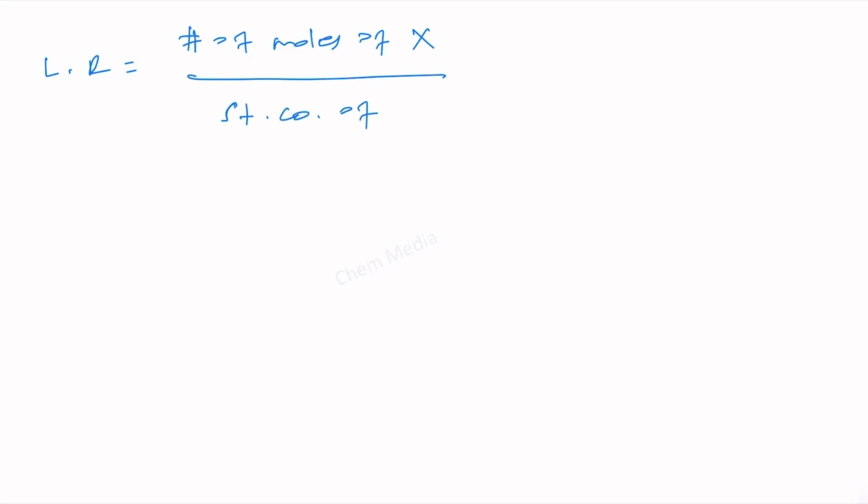Let us find out the limiting reagent. Limiting reagent is equal to number of moles of reactant, let us keep it as X, divided by the stoichiometric coefficient of X, and whichever is the smallest out of this. The smallest out of this is the limiting reagent.